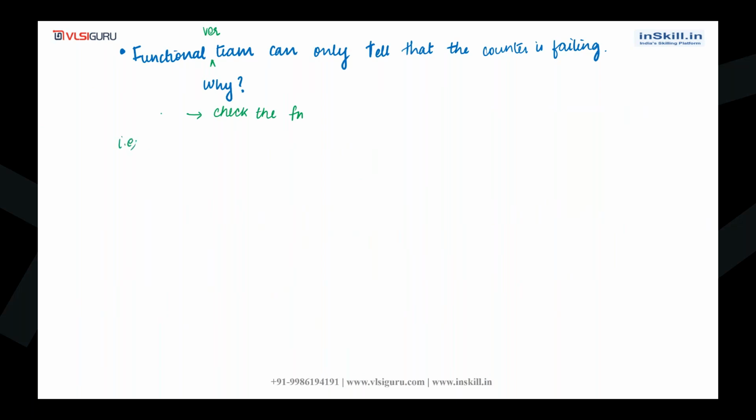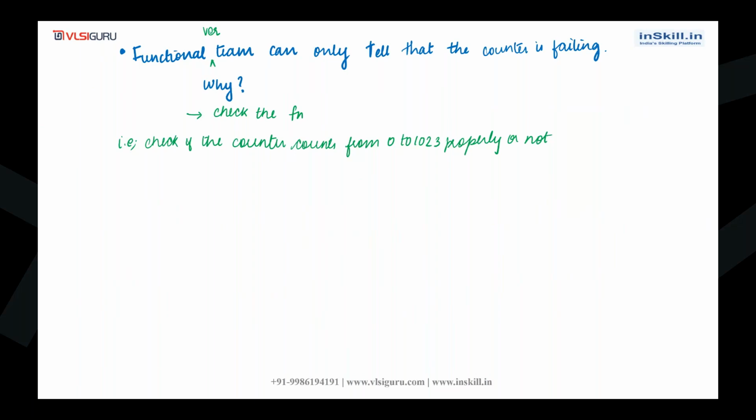So the functional verification team can only tell that the counter is failing. The reason is they will be checking the functionality. They will check if the counter counts from 0 to 1023 properly or not.